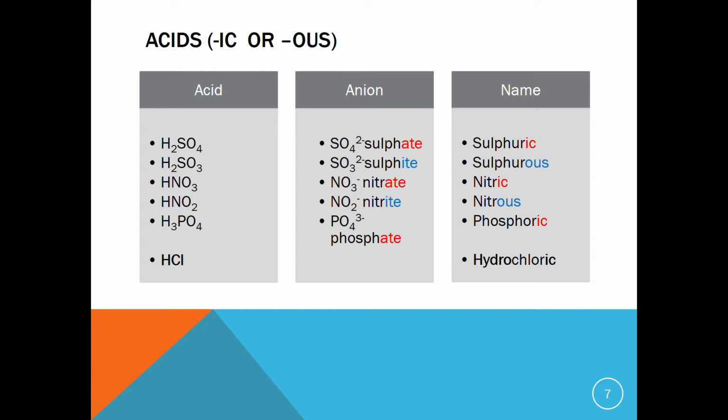Therefore, the acid is named with the prefix hydro and the suffix ic, hydrochloric acid, or just hydrogen chloride. So, there is a certain logic to the nomenclature system, but there are also things you have to memorize.